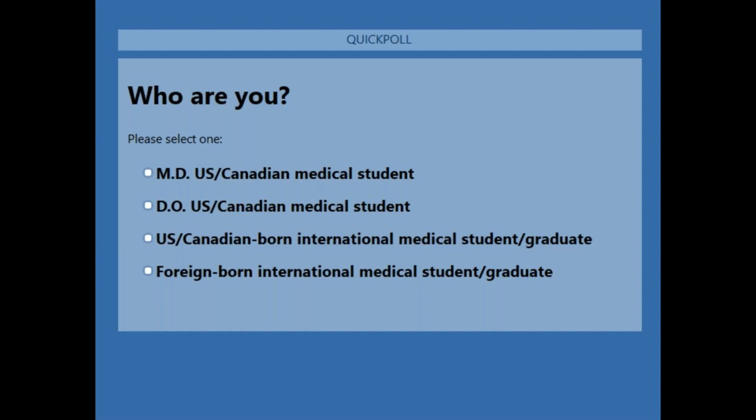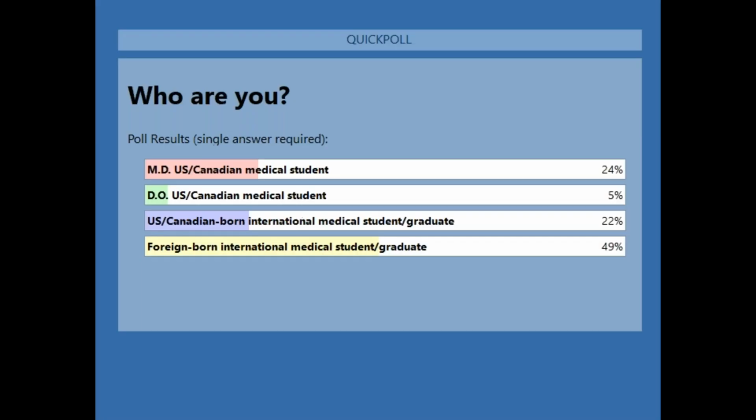Let me close the poll and share a little bit about who's on tonight. Looks like more than half the group, about three-quarters, are IMGs, with half coming from abroad. We also have 25 to 30% of our students in the U.S. as well. So again, welcome everybody.